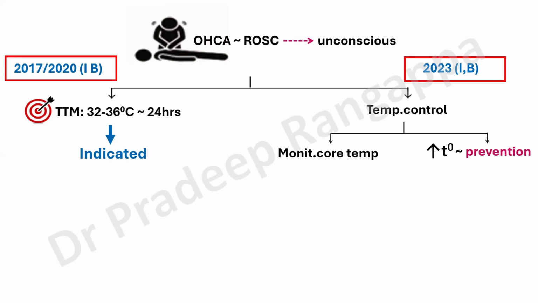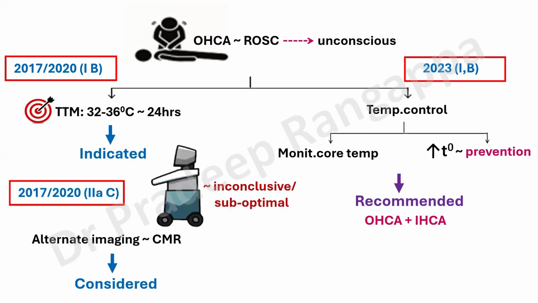In 2023, the strong recommendation with a moderate level of evidence is for only temperature control, not for targeted temperature management, where they suggest to monitor core temperature and only fever has to be prevented. So there is a little de-emphasis on targeted temperature management in 2023, and this is recommended for both out-of-hospital cardiac arrest and intra-hospital cardiac arrest.